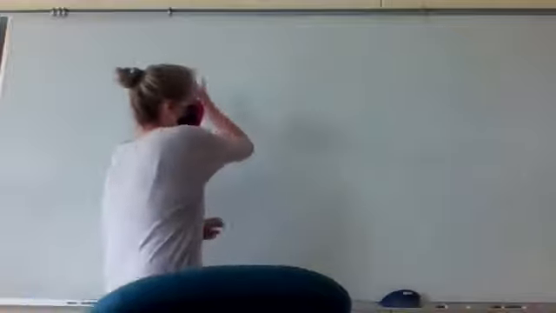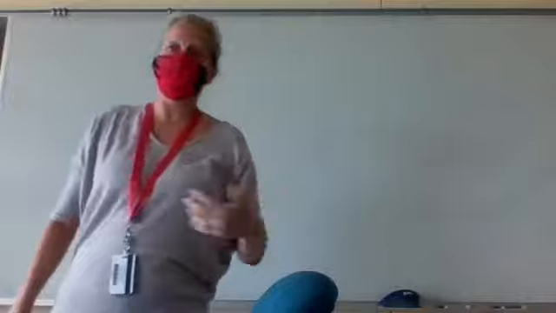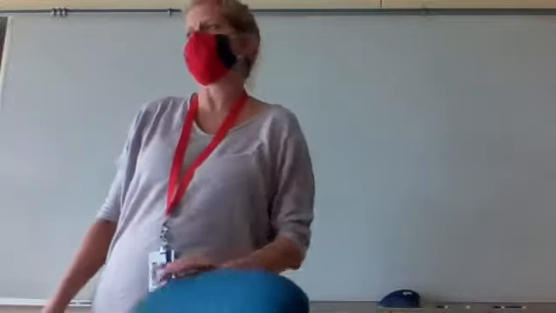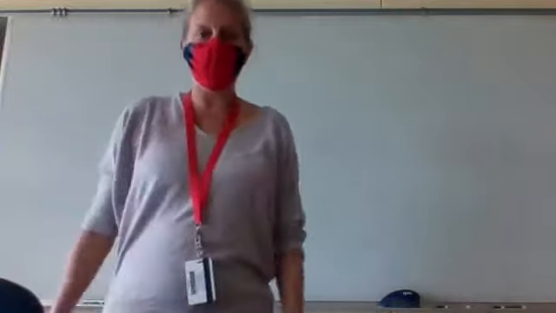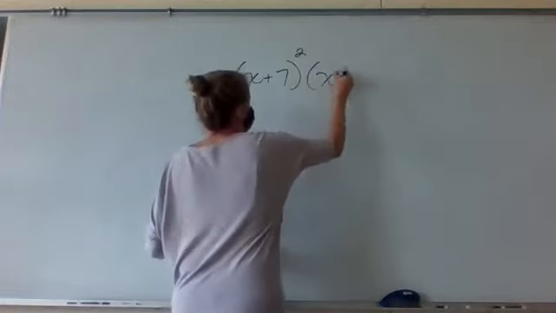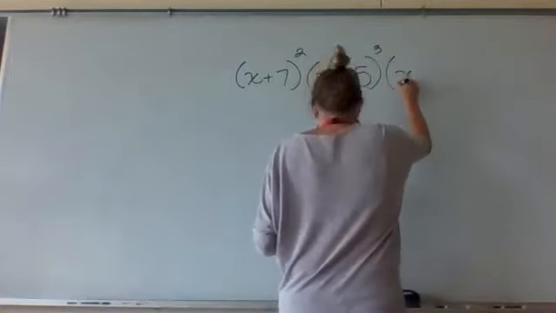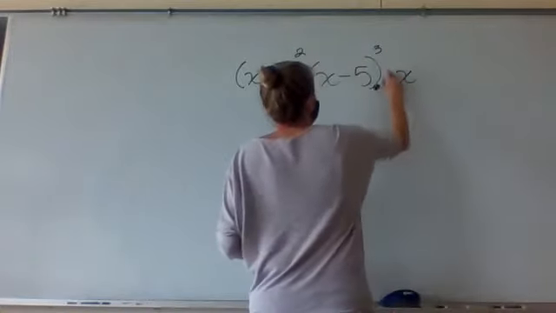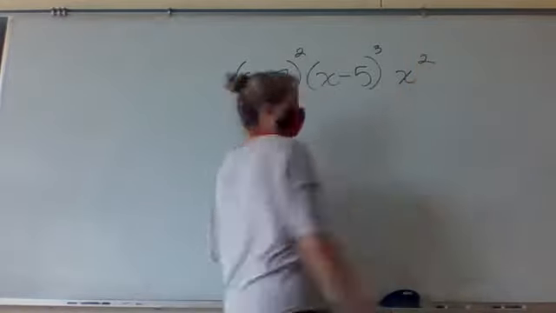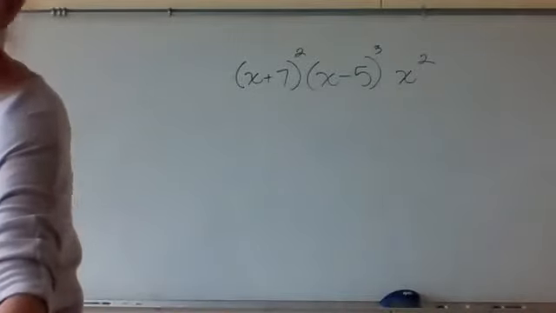So remember a couple of sections ago, we were either given a written out polynomial function that said x cubed minus 6x squared plus 7x minus 5, something like that, and asked to find the zeros, or we were given the information like this. We're given information like this and asked to find the zeros.